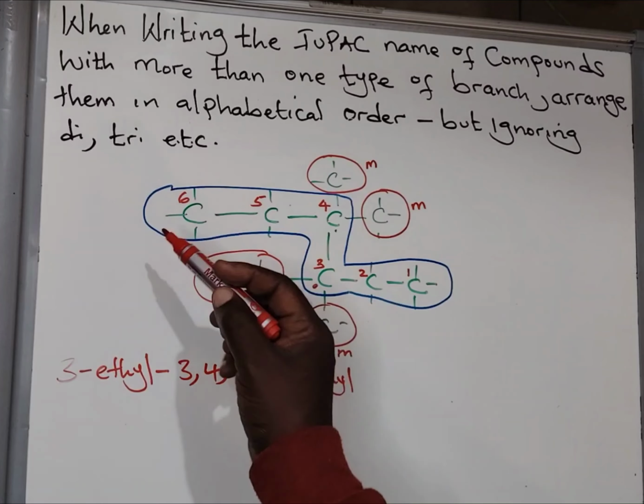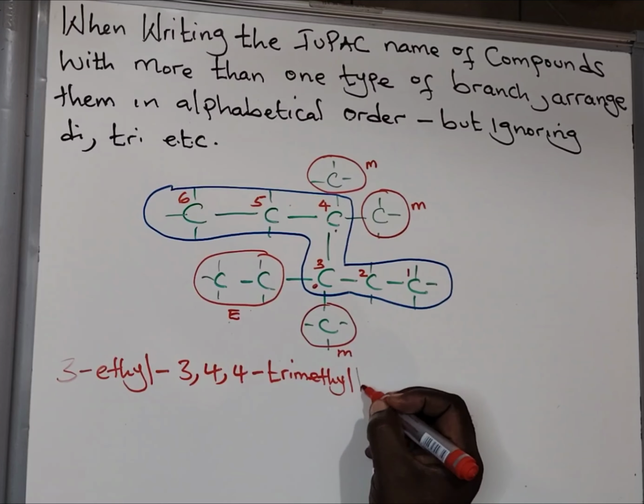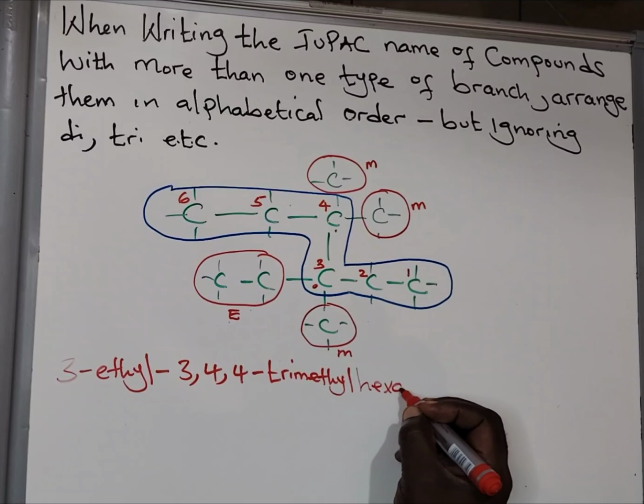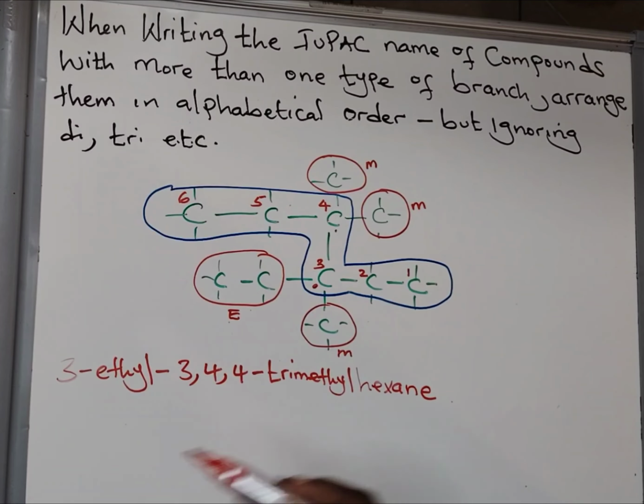And the longest chain has 6, so it is hexane. So there we are. That's what we have here.